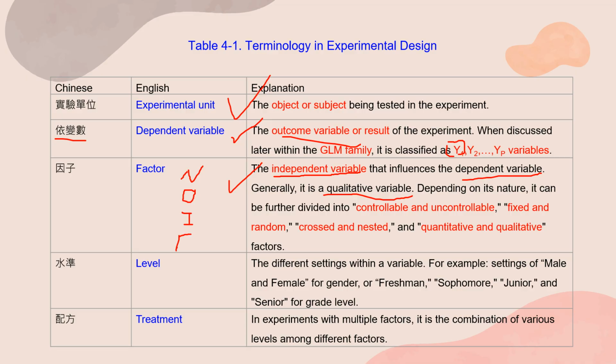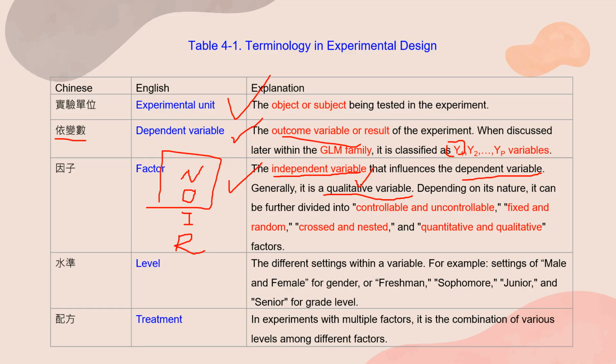For factor, normally it is NO data, nominal and ordinal data, so called a qualitative variable.